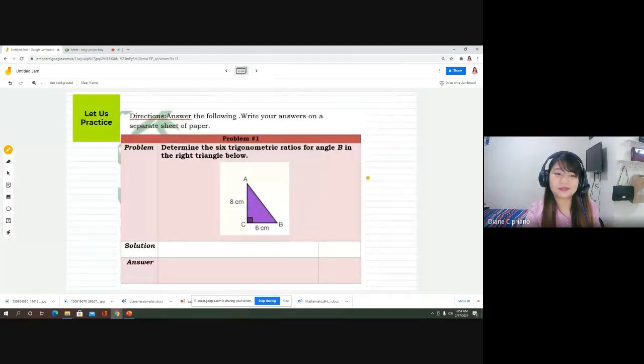So let's have some practice here. Determine the 6 trigonometric ratios for angle B in the right triangle. This is what I'm talking about.